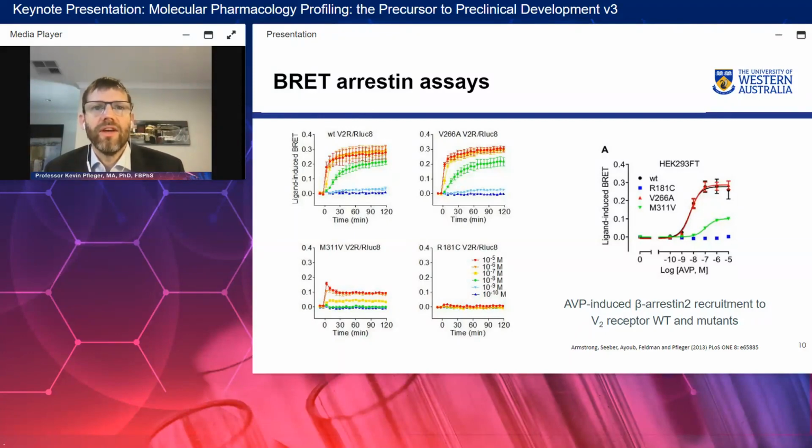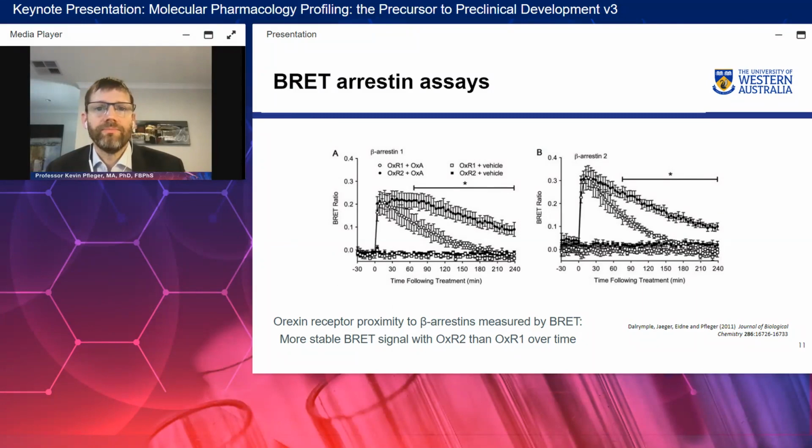Again, this illustrates that with BRET technology, looking in real time, you can assess these different profiles, and this gives you important information. These are point mutations of a receptor, but you could expect to see similar bias in these profiles if you're looking at a range of different compounds. Some of those compounds may give you different profiles.